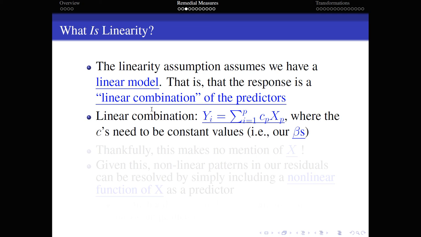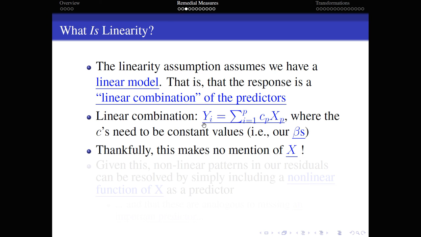And by linear combination, what we mean is that y is the sum of some constant times the x values, where the x values are independent variables and the c value is a constant. You'll note that this sum goes from 1 to p, that is from 1 to the number of independent variables or predictors that we have in the model. And these c's are just our betas normally.